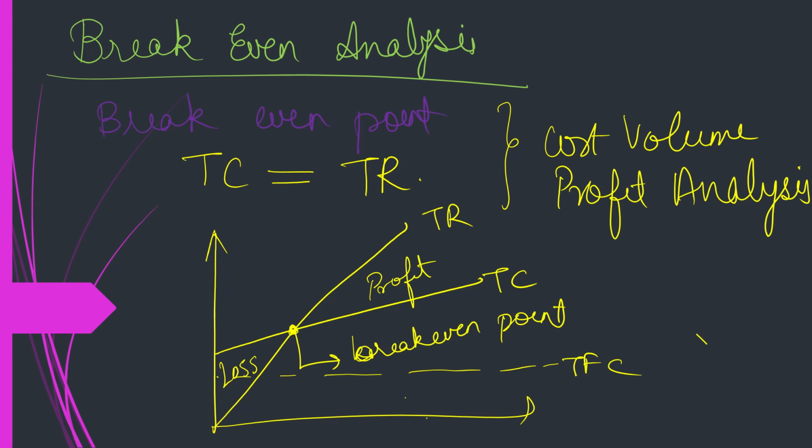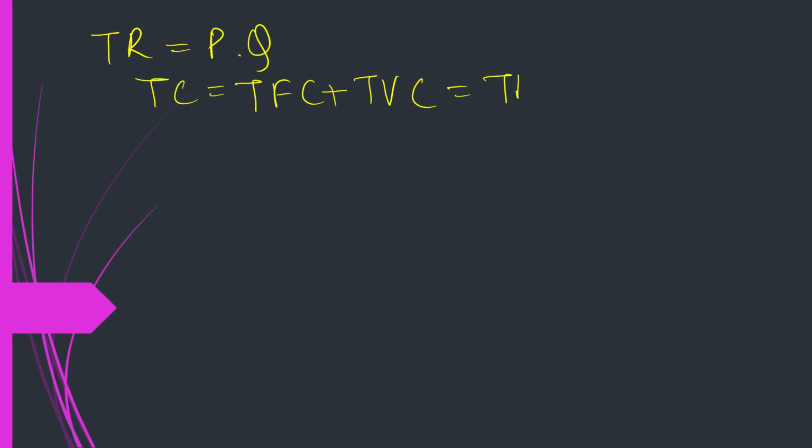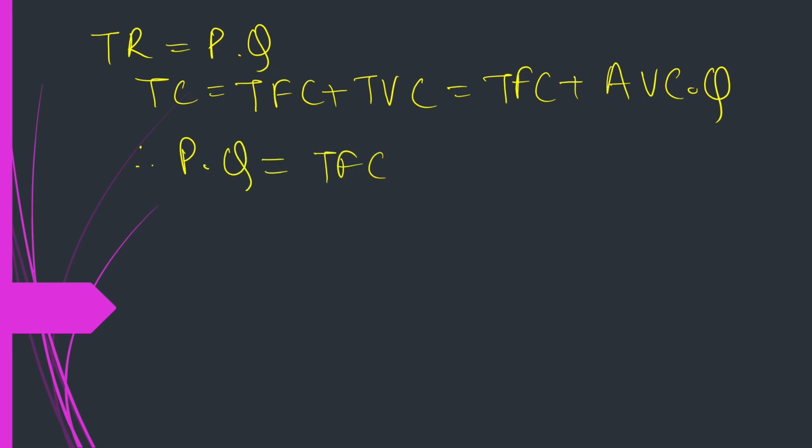So the algebraic method, let's see that. By the algebraic method, we know that total revenue is equal to P into Q. Total cost is equal to TFC plus TVC, and we know TVC is AVC into Q. Therefore, P into Q star is equal to TFC plus AVC into Q star.